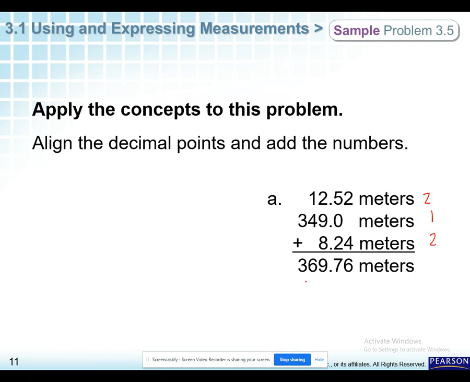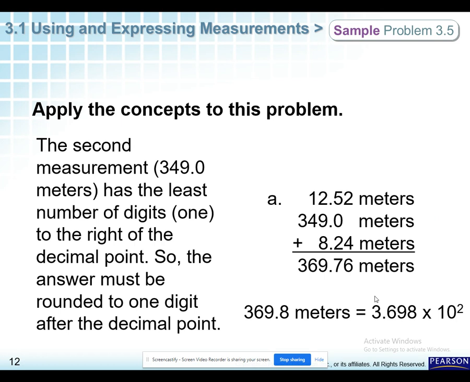When you calculate your answer, you get 369.76. However, it has to go to the least number of decimal places, so it can only have 1 digit after that decimal. So you have to look, can this 6 round up that 7? And it can. So you'll get 369.8 meters.